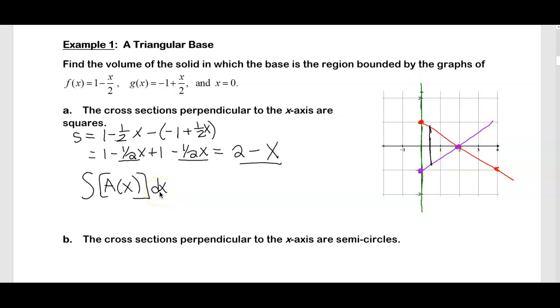So in this case, our area is 2 minus x squared dx, because dx represents our width of the squares. So what am I integrating on? Negative 1 and 1, because you need three-dimensional. Area times width will be volume. 0 to 2. Because what variable are we integrating with respect to?